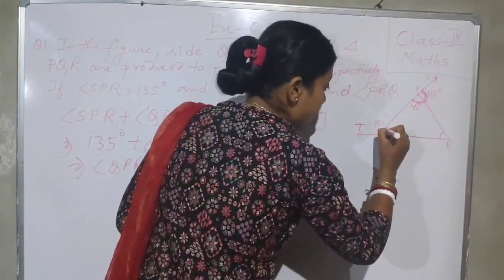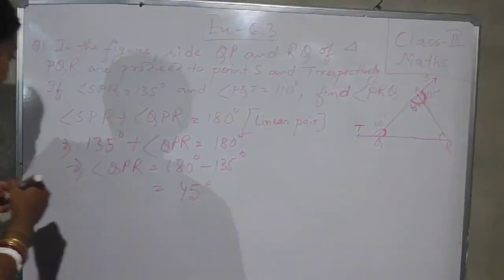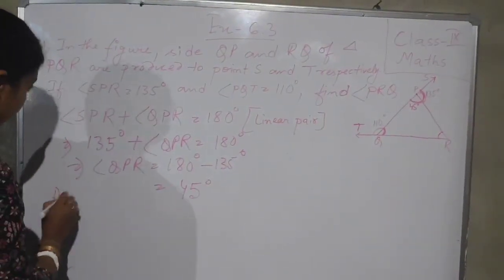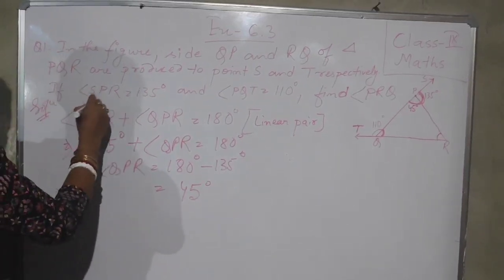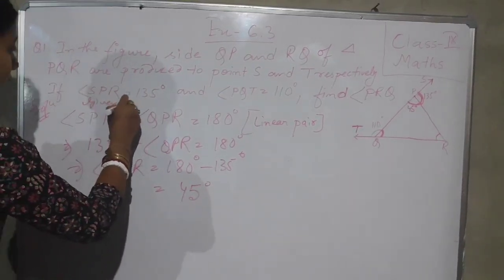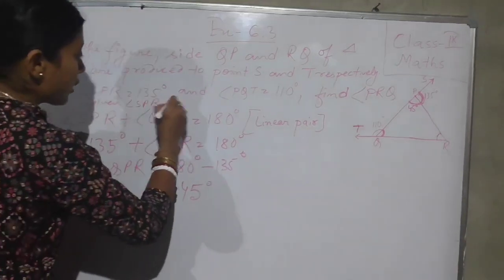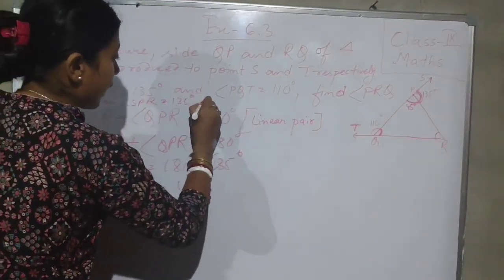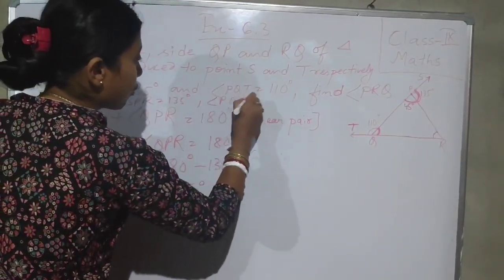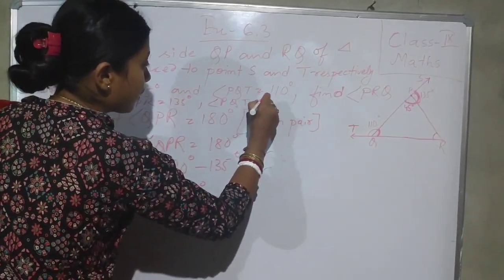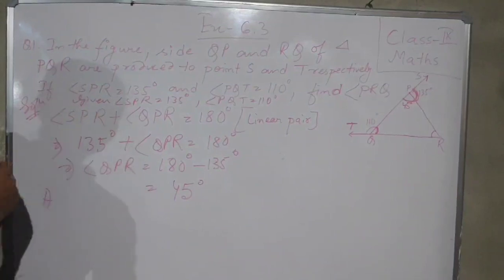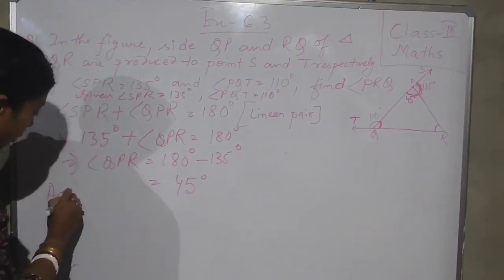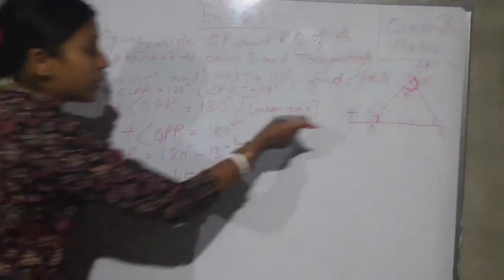Now we will find this angle. Again this is the solution. You can write whatever is given: angle SPR equals 135 degrees and angle PQT equals 110 degrees. We can write these as given, then we can start. Now we have to find this angle.